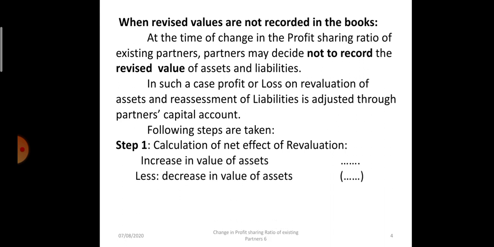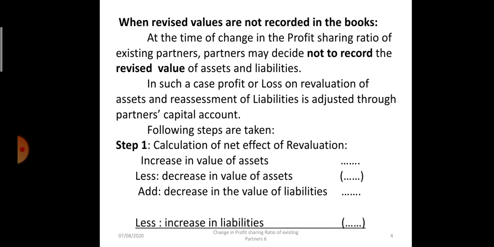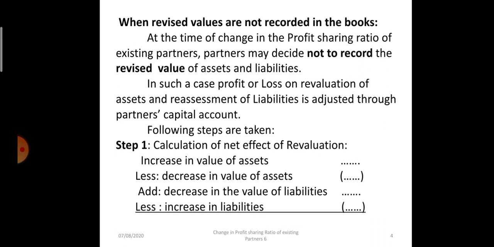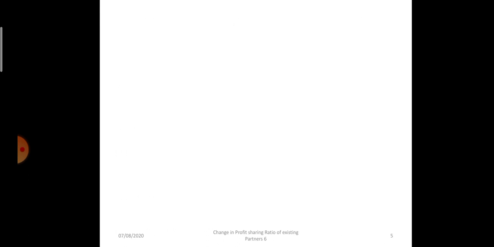Now, if there is an increase in the value of an asset, it will be added. A decrease in the value of an asset will be deducted. In the same manner, any decrease in the value of liabilities will be added, and an increase in liabilities will be deducted. Then we will calculate the gaining ratio and sacrificing ratio.